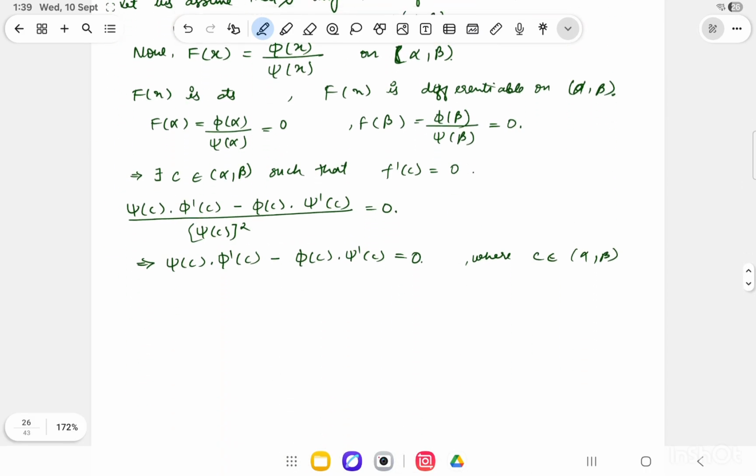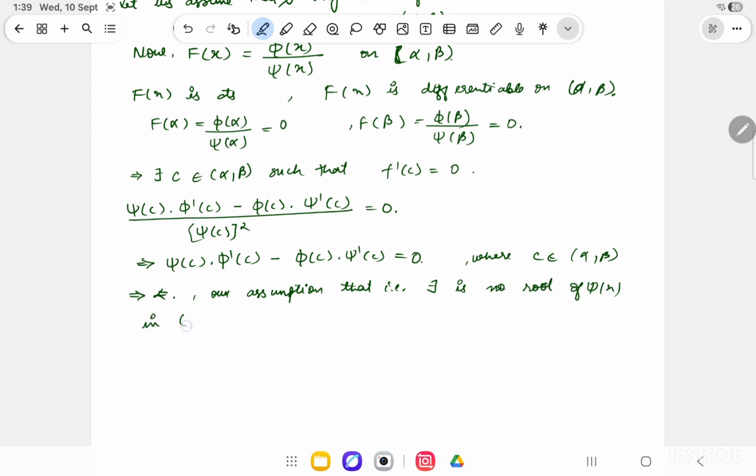But we got that it is equal to 0, so we got a contradiction. So from here we can say that our assumption, that there is no root of psi x in alpha comma beta, is incorrect.